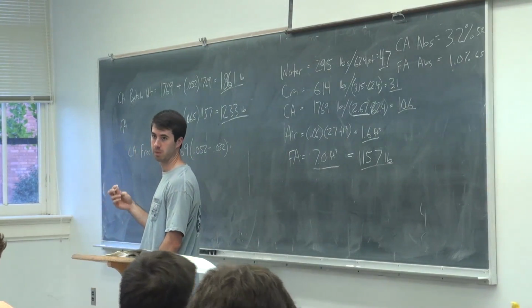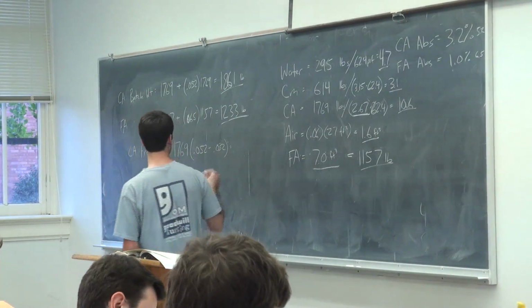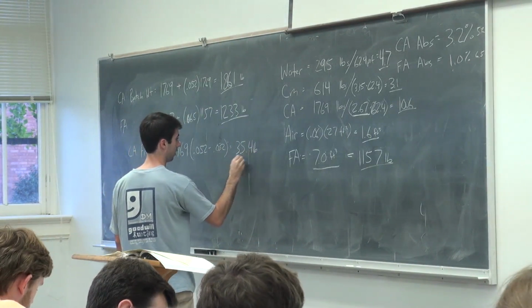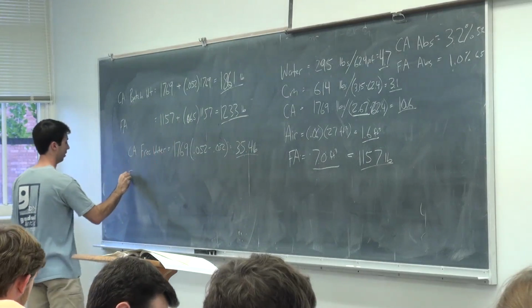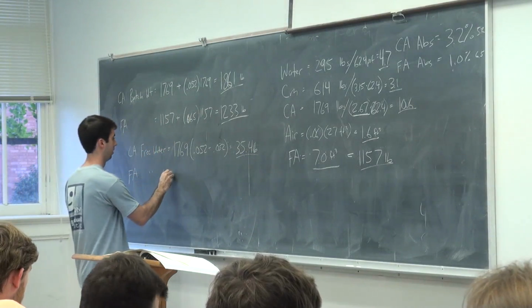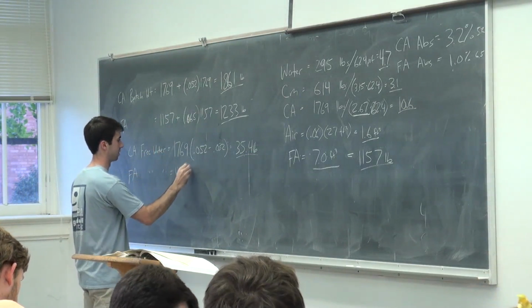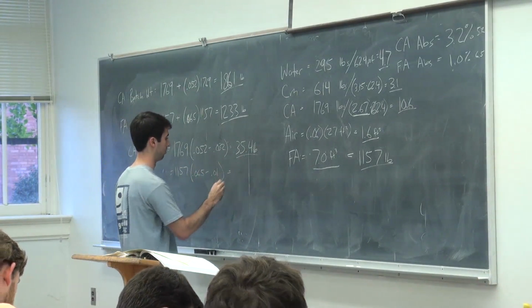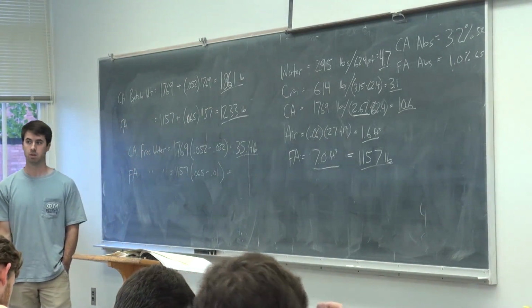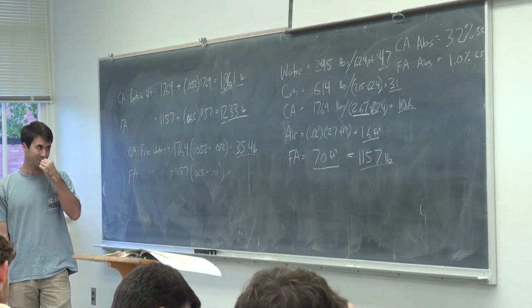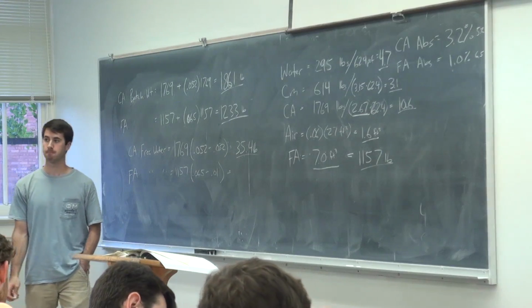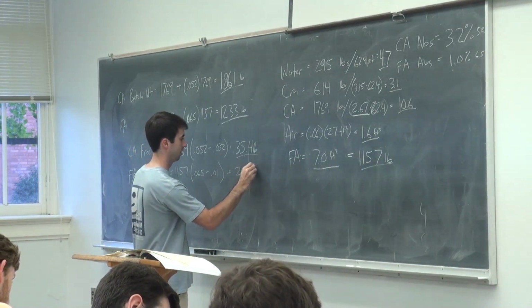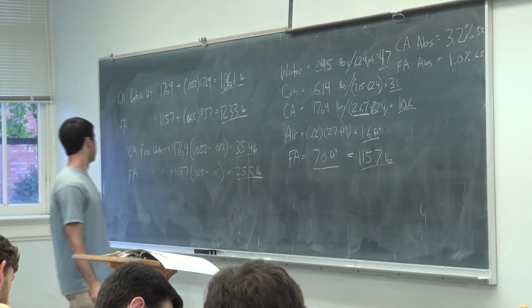Do you have a number? 35? Alright. Then for the fine aggregate, we've got 1157 times 0.065 minus 0.01. Yeah, that number? 25.7. Alright.